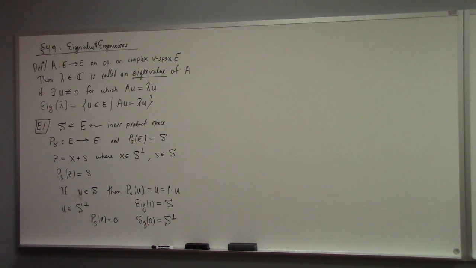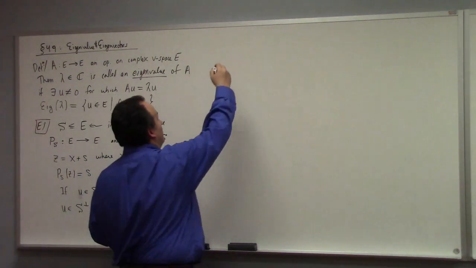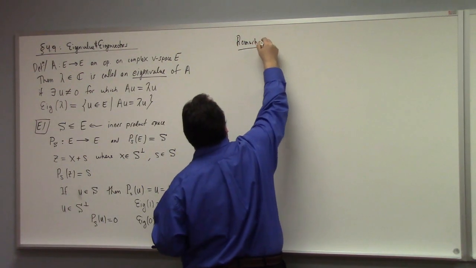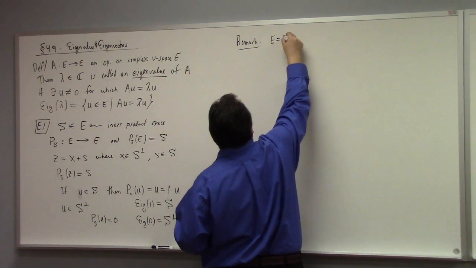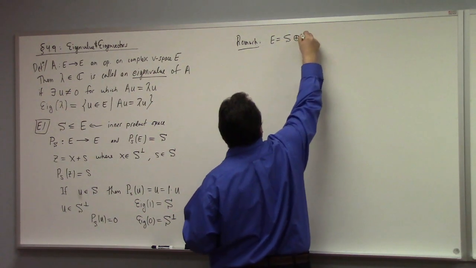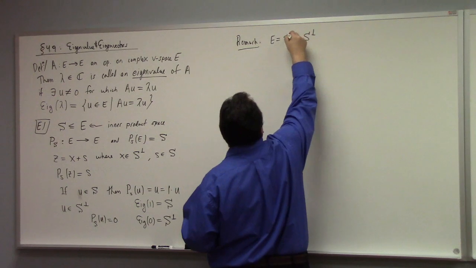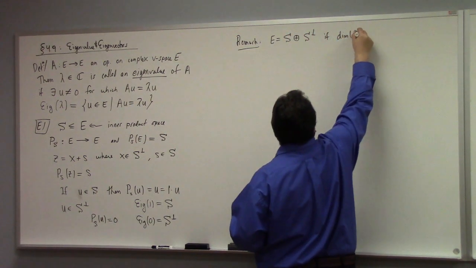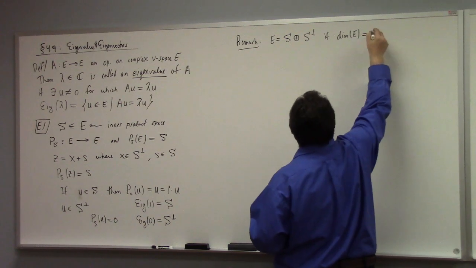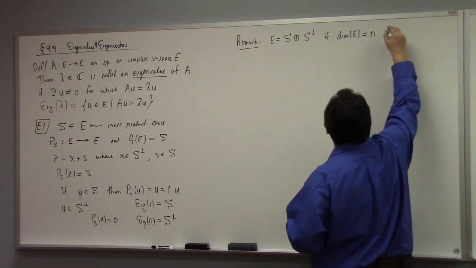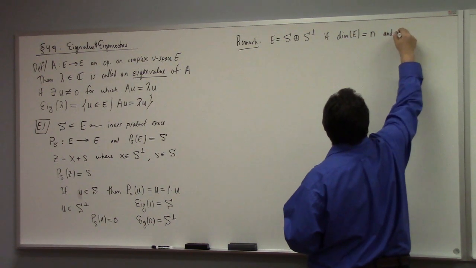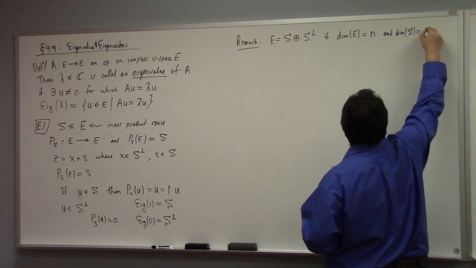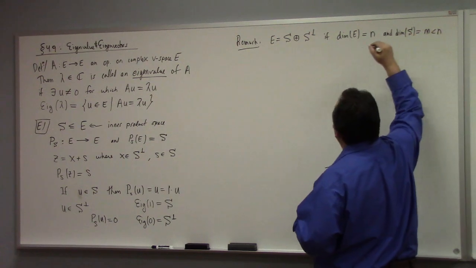Because E is equal to S direct sum the perp of S, if the dimension of E is equal to n, and the dimension of S, let's say, is equal to little m, which is less than n.